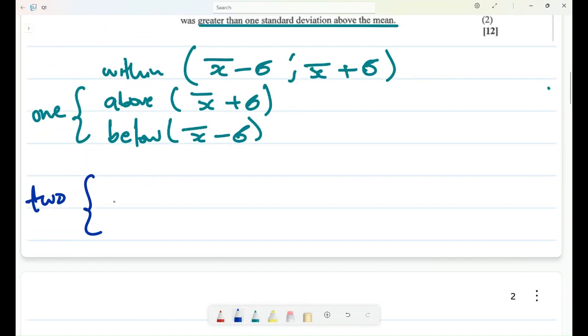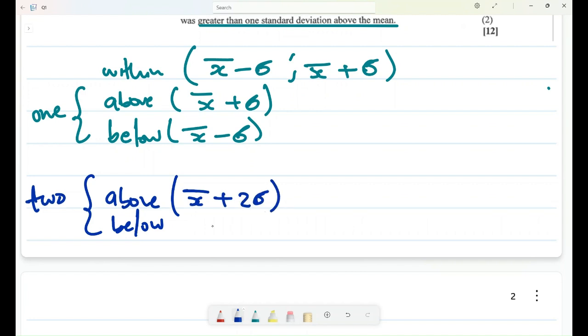So 2 standards above, or 2 standards below the mean. Can you see that? 1 standard above or below, or 2 standards.